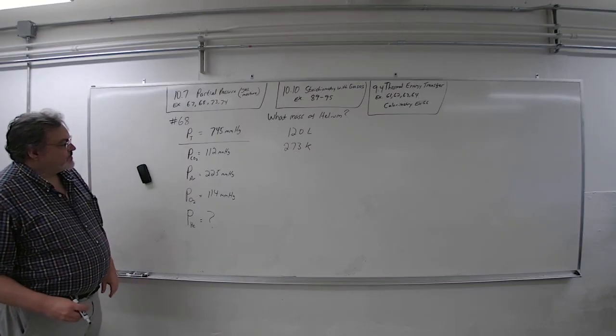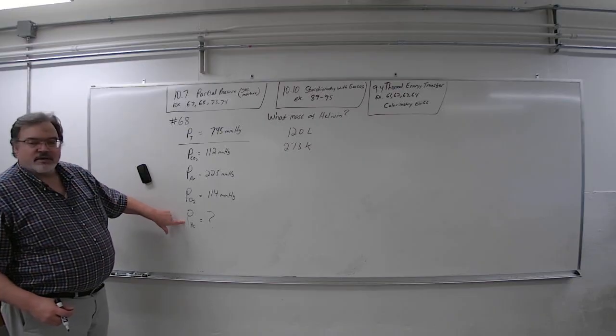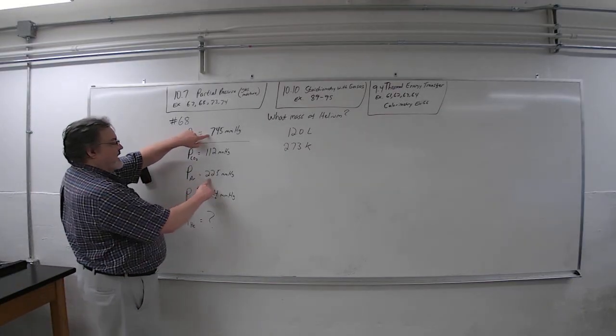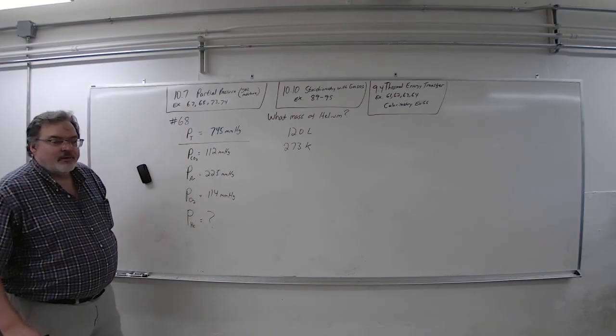So you could do a simple subtraction here to find out how much pressure is coming from the helium. You just subtract 112, then subtract 225, then subtract 114, whatever's left.